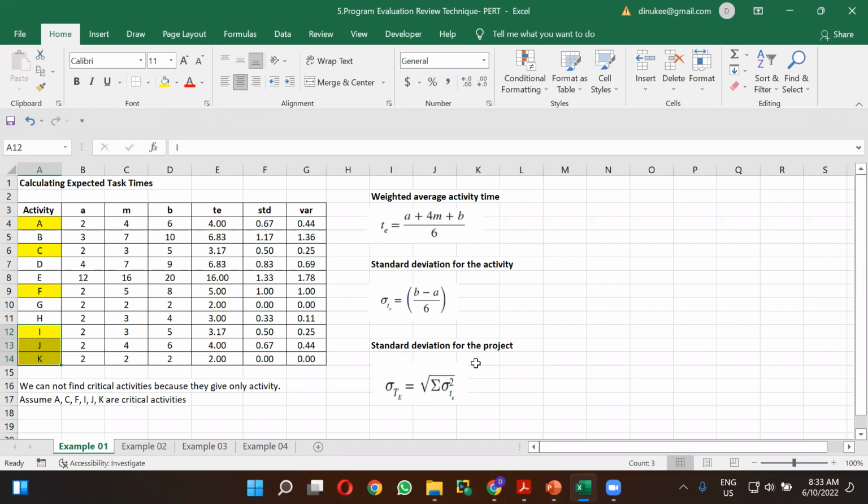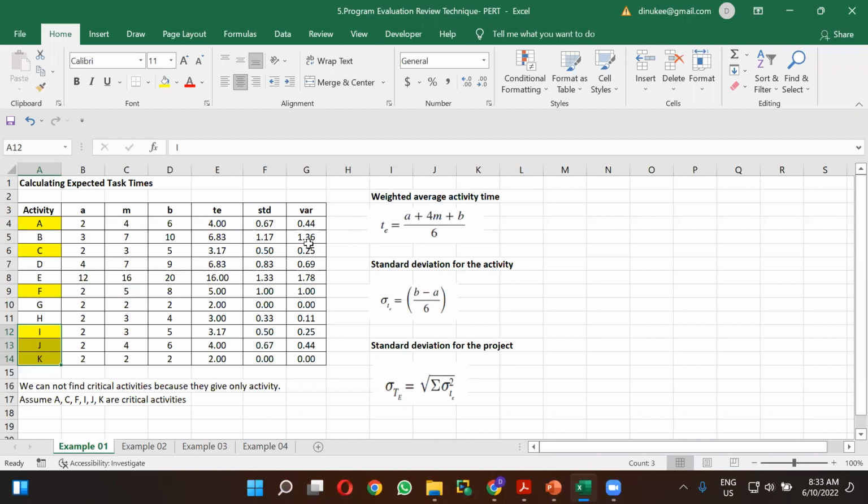When you are going to calculate the standard deviation for the project, you have to take the summation of the weighted average activity time variances.